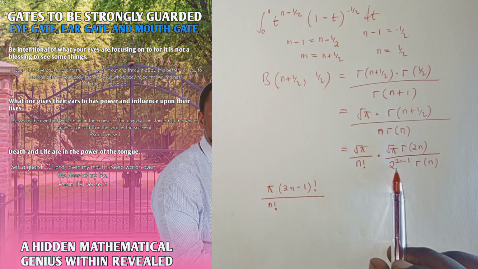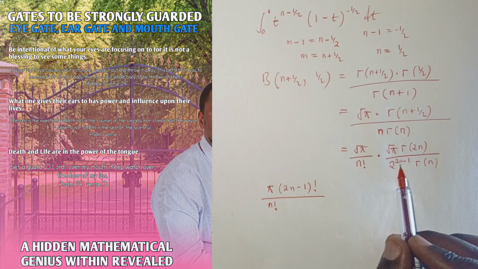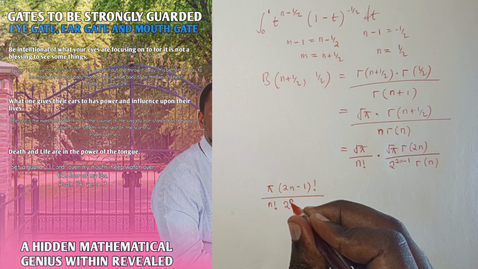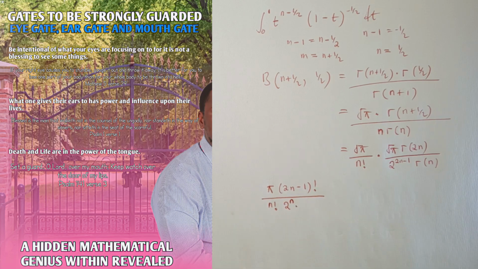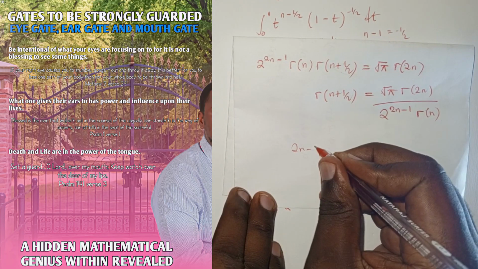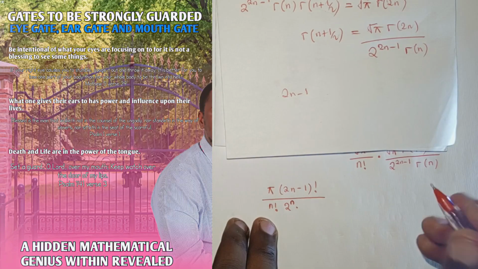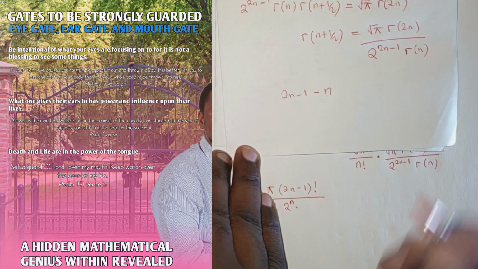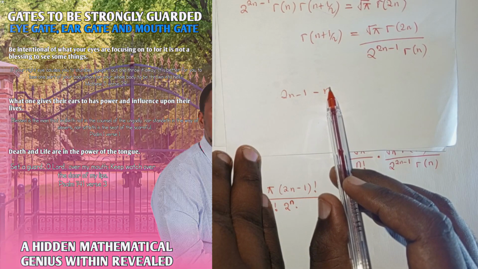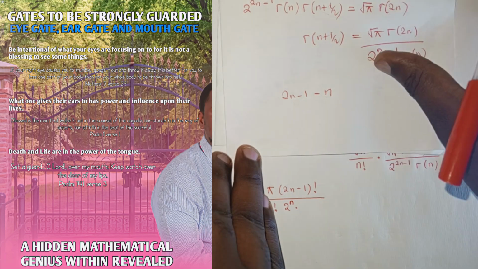Now from here we can make something similar to the double factorial. Come up with 2 to the power n here. If you have 2 to the power n, this should be multiplied by 2 to the power 2n minus 1 minus n, which is 2n minus n, so n minus 1.